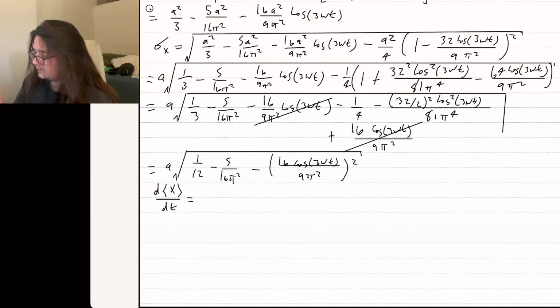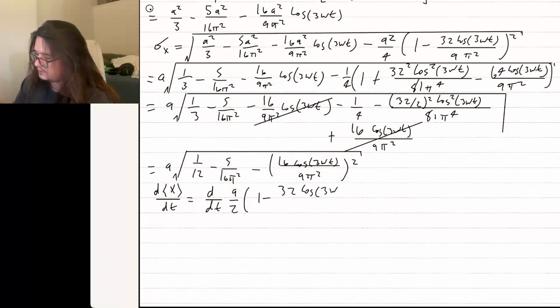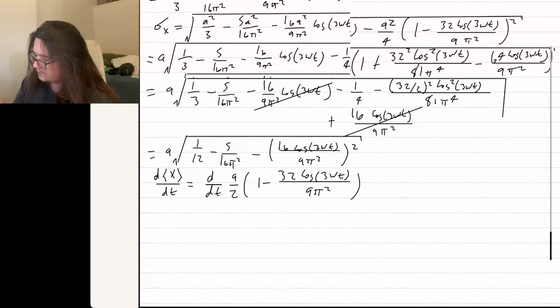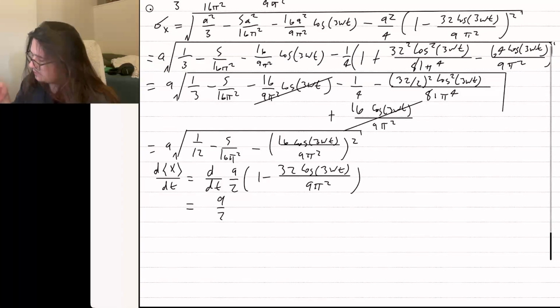So that's d/dt of a over 2 times (1 minus 32 cosine 3 omega t over 9 pi squared), right? So that time derivative is a over 2 times positive 32 times 3.